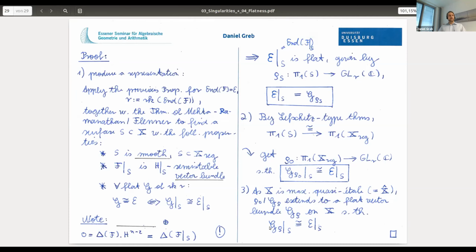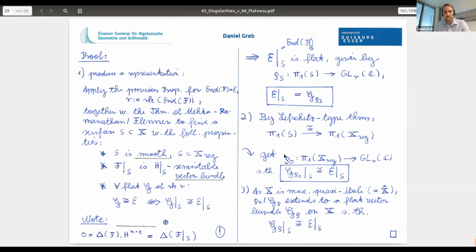I attach the vector bundle, and I restrict it down to the surface I started with, from which I extended the representation. I find the flat vector bundle on the surface, which comes from the representation rho_S, but that was E restricted to S.